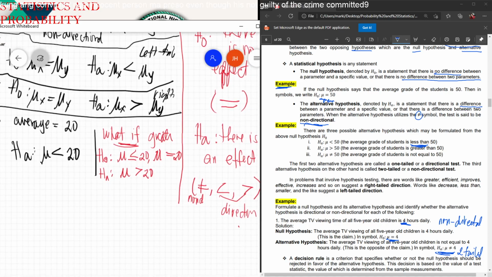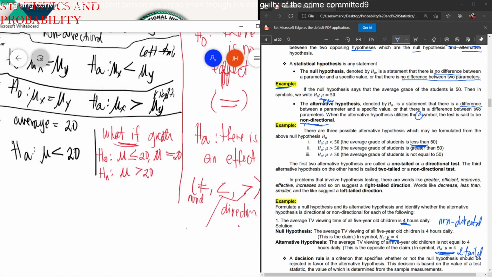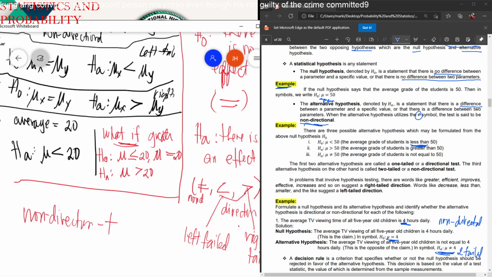Then less than is left-tailed. Greater than is right-tailed. Do not forget also that non-directional is what we call two-tailed, and directional is what we call one-tailed.